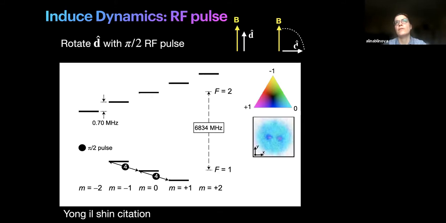So when originally in our configuration, the field is aligned with the D vector, this is a stable configuration. I am not exactly sure actually what drives the instability in the perpendicular case.